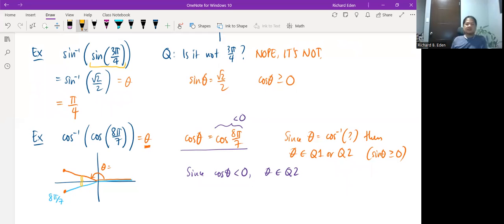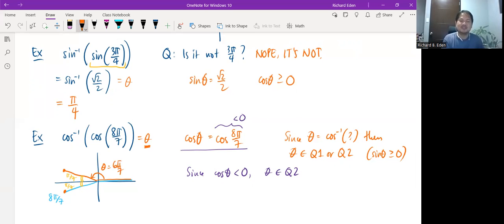So 8 pi over 7 dips, just by common sense, into the third quadrant by pi over 7. So theta should be a little over the x-axis by pi over 7. So therefore, what is theta? 6 pi over 7.